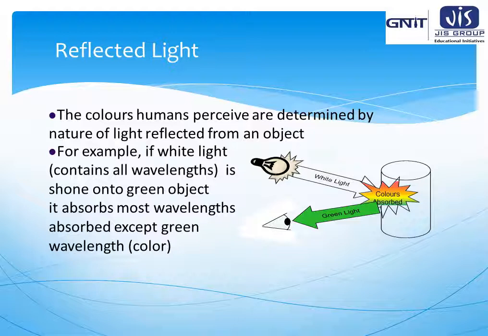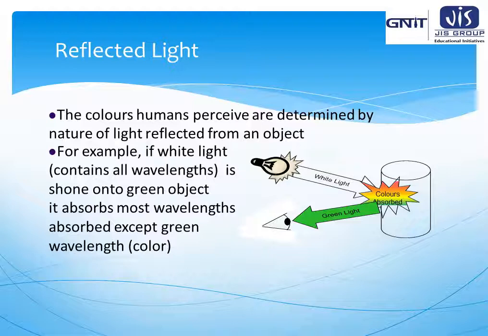Reflected light. In image processing, reflected light is a very important parameter because we all know that on a particular object, if some light is incident, some portion of that light is absorbed, some portion is refracted and some portion is reflected.